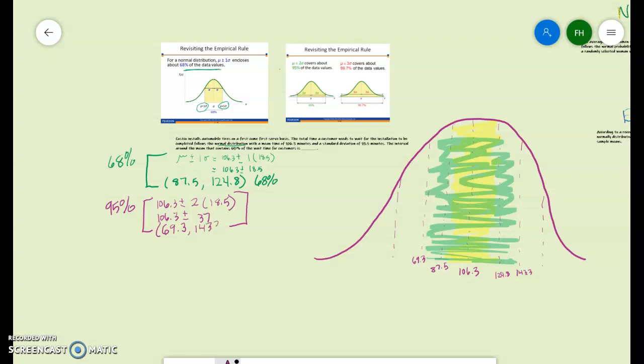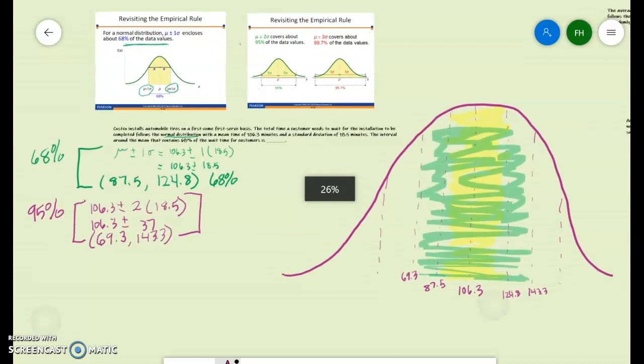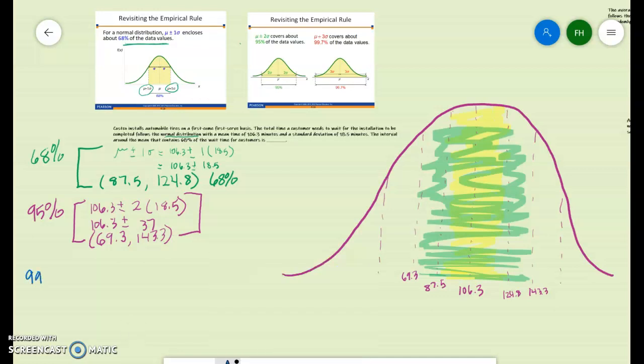And then let's look at the last percentage, the 99.7%. 99.7% of our data values, when they are normally distributed, will fall within 3 standard deviations of the mean.